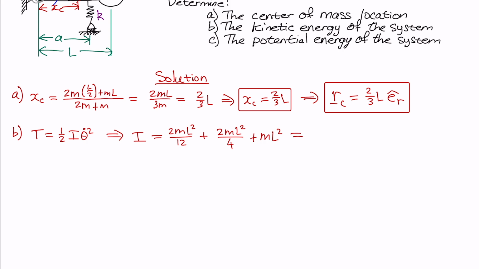And then you sum all these up, you'll find that this is equal to 5 over 3 mL squared.